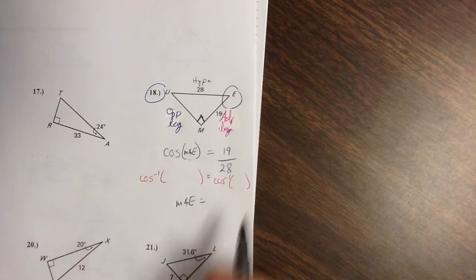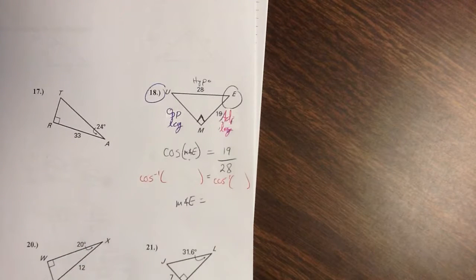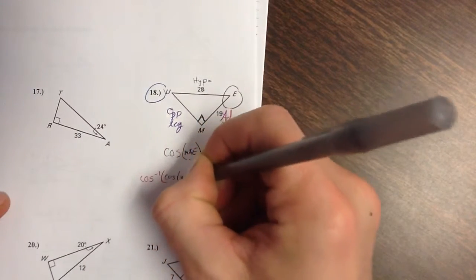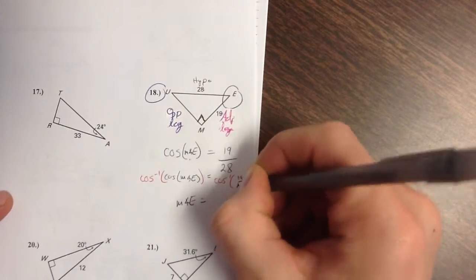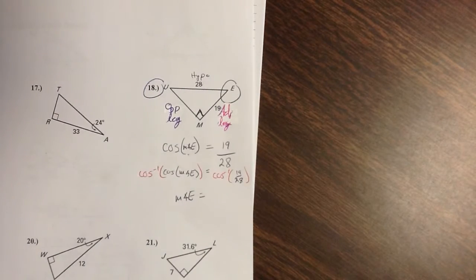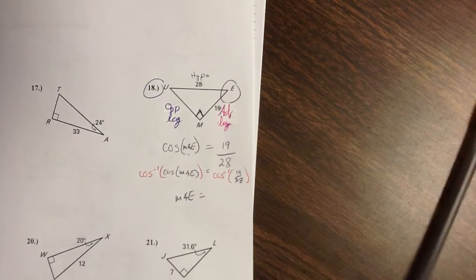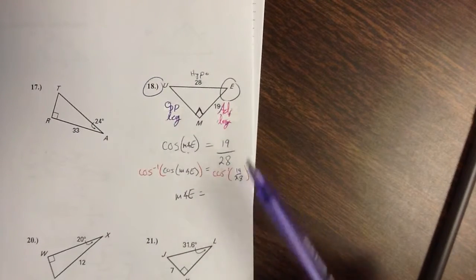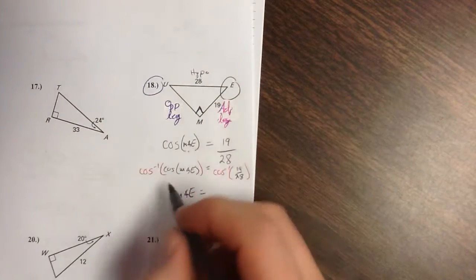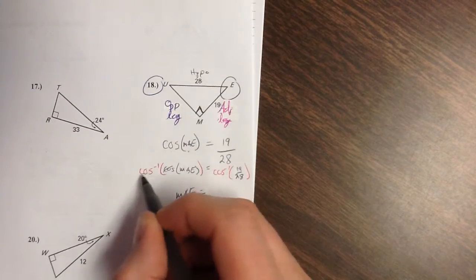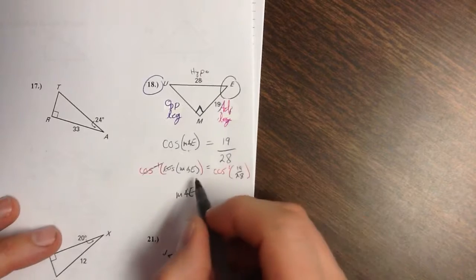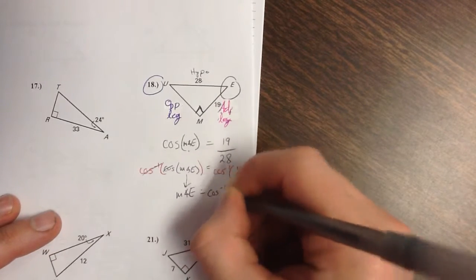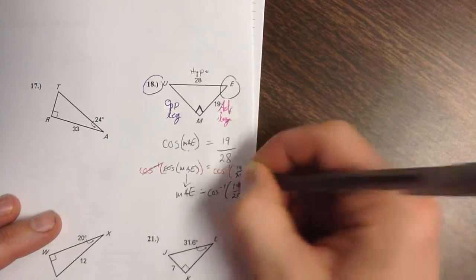So in red, I'm taking the inverse cosine of both sides of the equation. In red ink is what I'm doing to both sides. In black ink is what was already there. This is the left-hand side, and this fraction is the right-hand side. Well, what ends up happening is normal cosine and inverse cosine cancel each other out, and I'm left with just the measure of angle E. On the right-hand side, I've got inverse cosine of 19 divided by 28.